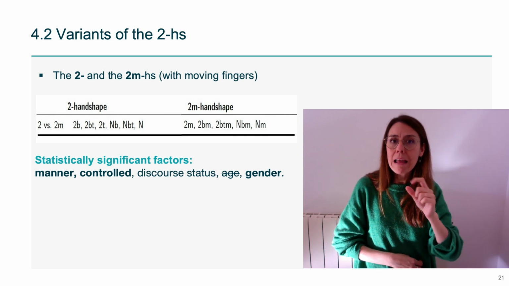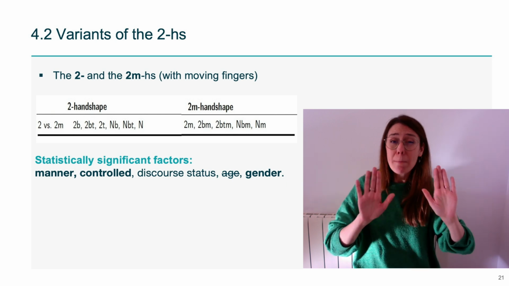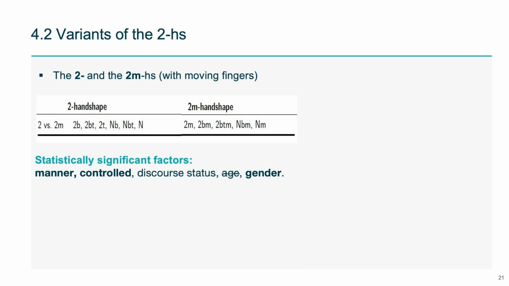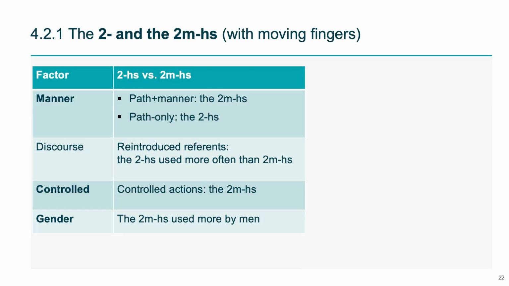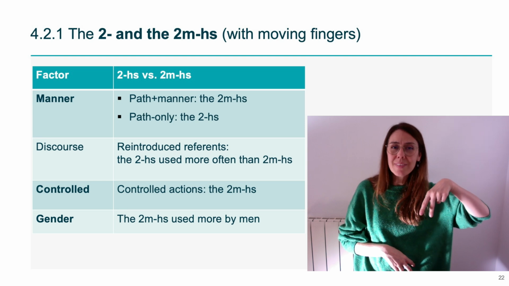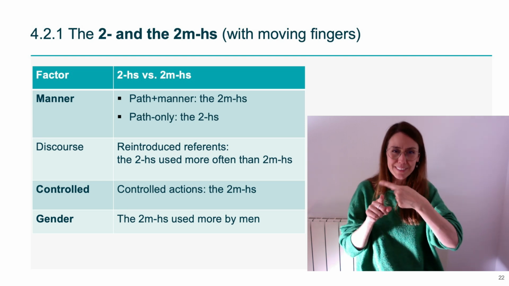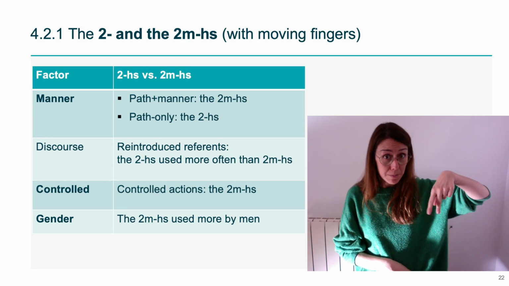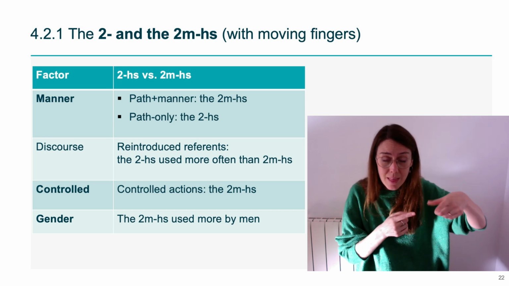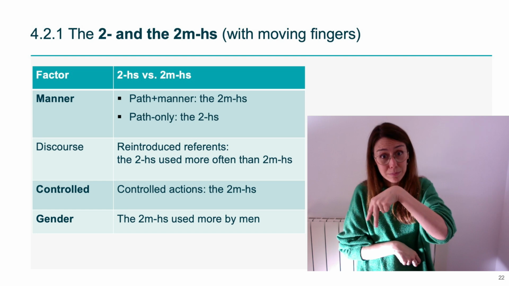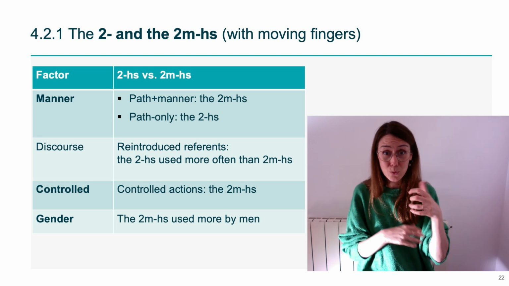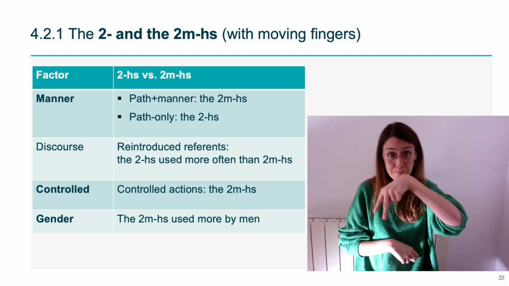Age was not an influencing factor, and discourse status was not statistically significant, but showed a tendency. Looking at what we found for the choice of these two hand shapes, we see that when expressing manner, the two hand shape with moving fingers is used to express both path and manner, as we expected, while the two hand shape was used to express path only.